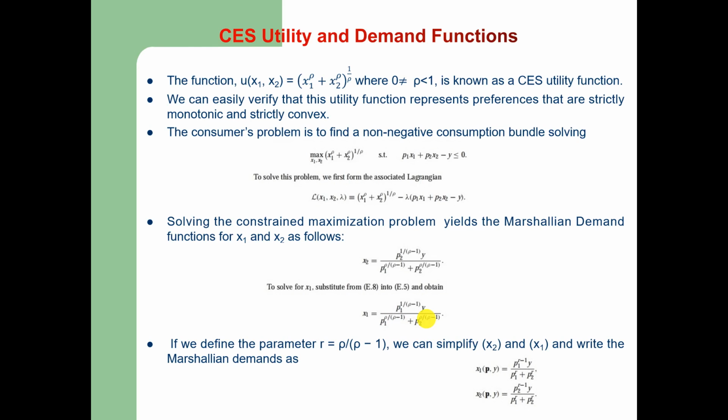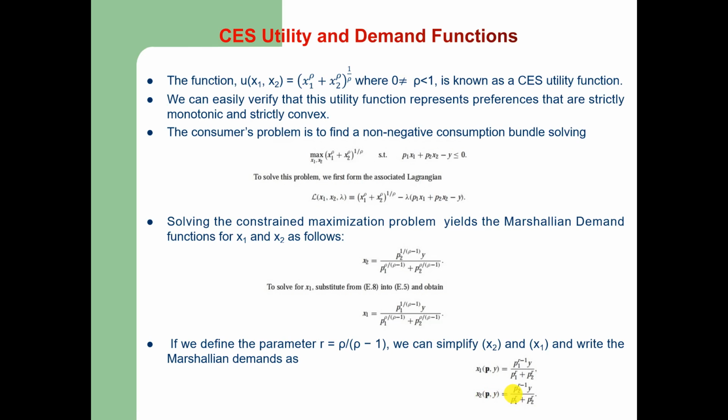and finally if we define the parameter R, which is equal to rho divided by rho minus 1, we can simplify x2 and x1, and we write the Marshallian demand function as x1 function of price factors and income, and that is given by this function. Similarly, the Marshallian demand function for x2 is given by this function.